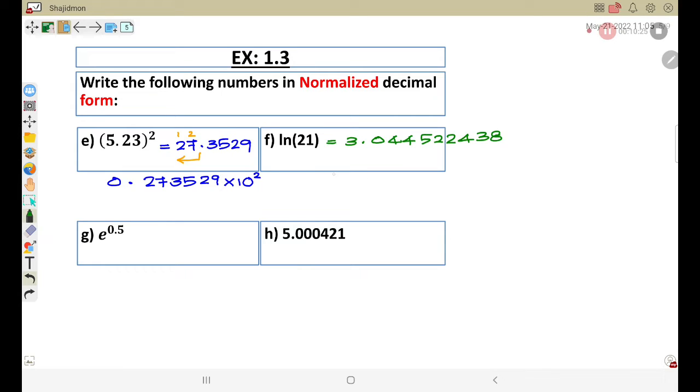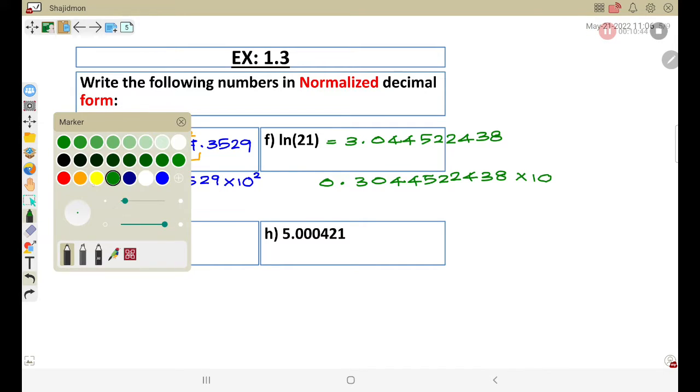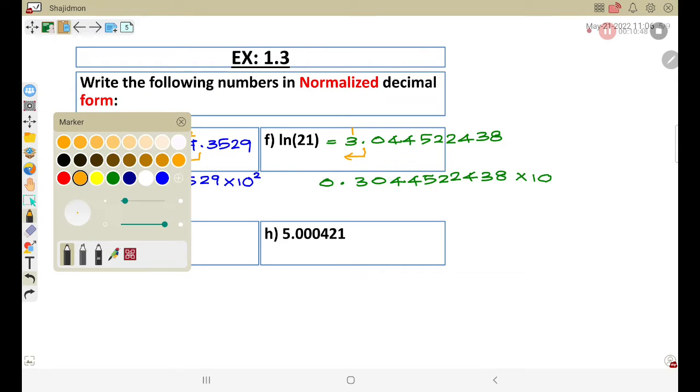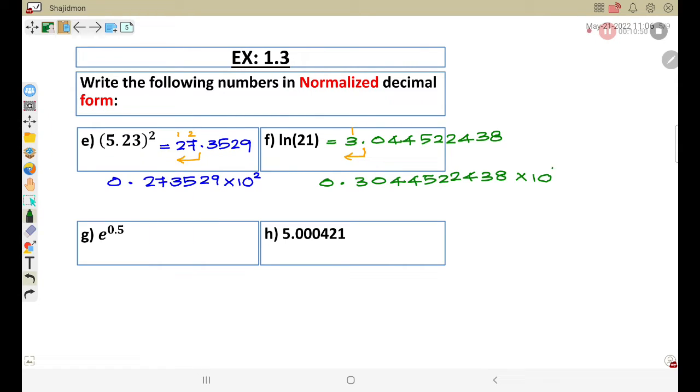So the normalized form is 0.3044522438 multiply 10 power. Only one number before the point, you can see, so we can write 10 power 1.